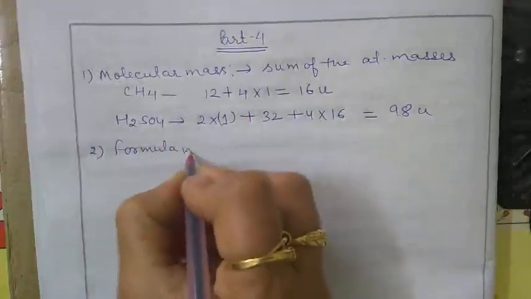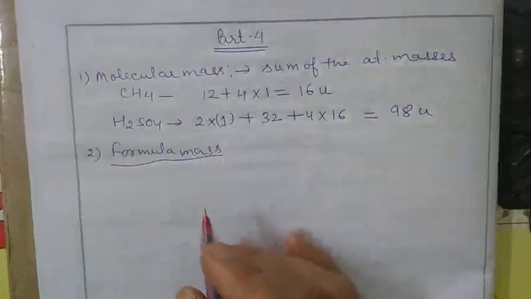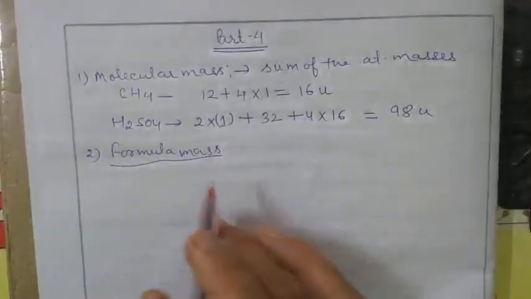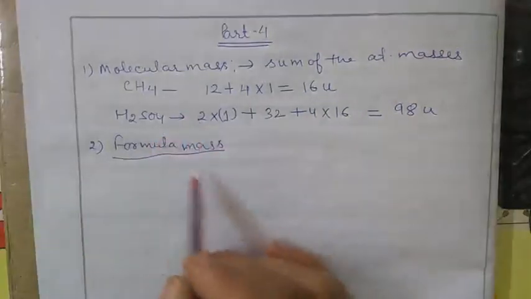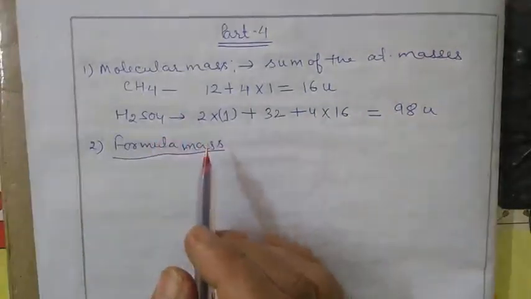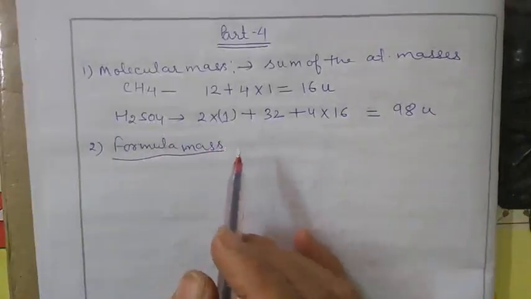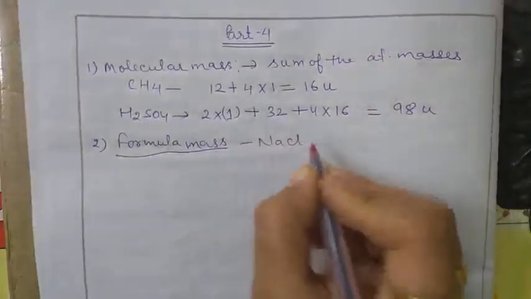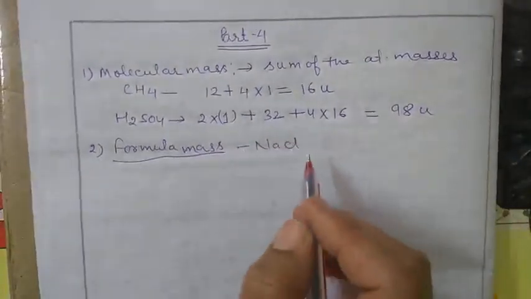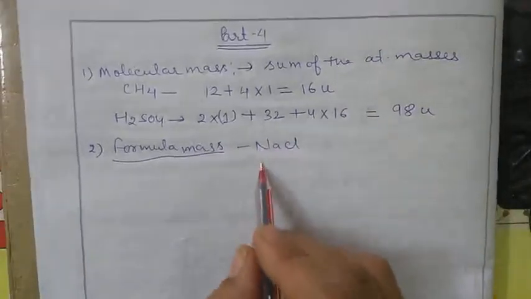Clear? Now the next one is the formula mass. Formula mass is clear from the name. When we have a formula, by adding the atomic masses of the elements present in the formula, we get the formula mass. Clear? So in case of the formula mass, some substances like sodium chloride, that is NaCl, this is the formula of sodium chloride, do not contain a discrete molecule as their constituent unit.